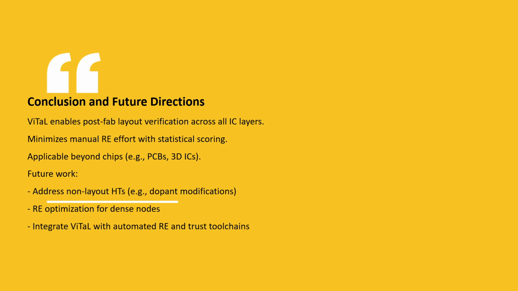The authors suggest future work on three things. The first one is handling non-layout Trojans such as dopant level changes. Second is optimizing reverse engineering flows for sub 10nm nodes, and last is integrating VITAL into broader reverse engineering toolchains for trust validation.